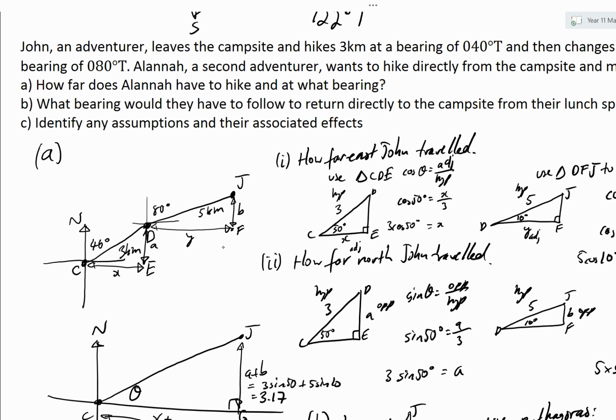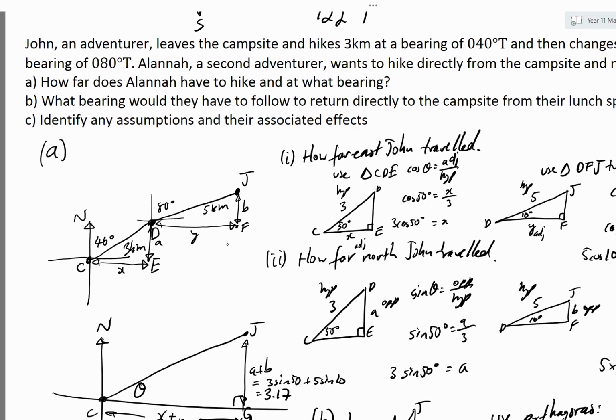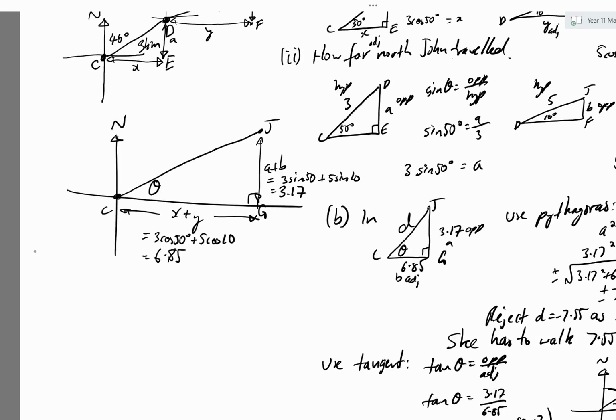Now what bearing would they have to follow to return directly to the campsite from their lunch spot? Alright, so in this diagram we've got them walking at 65 degrees from the campsite, so we calculated that arrow there. What we're going to find is what would the direction back be.